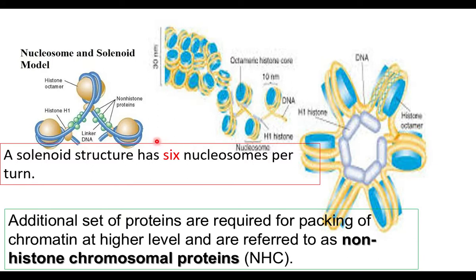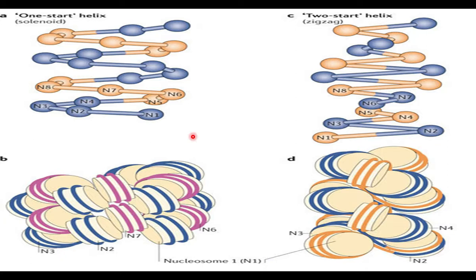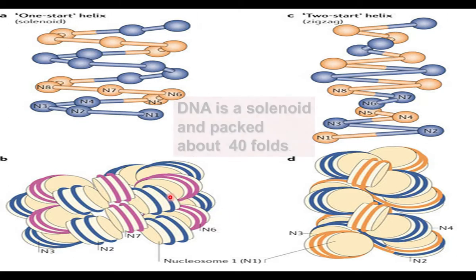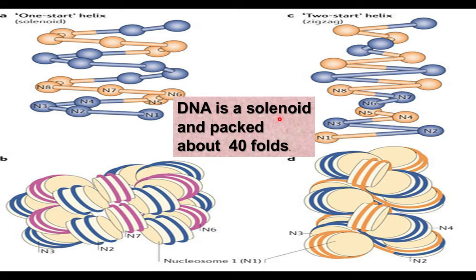Further coiling is due to the non-histone chromosomal proteins. Because of coiling again and again, the chromatin is packed in a small area. DNA in a solenoid is packed about 40 times.